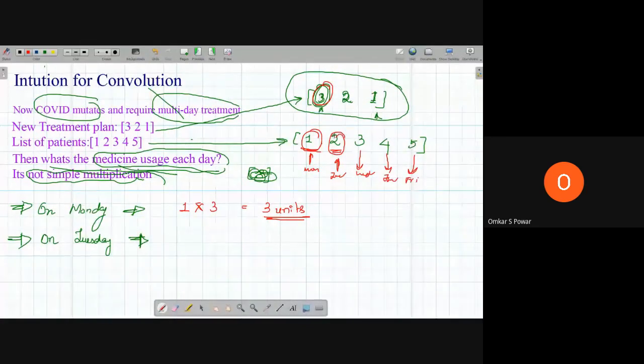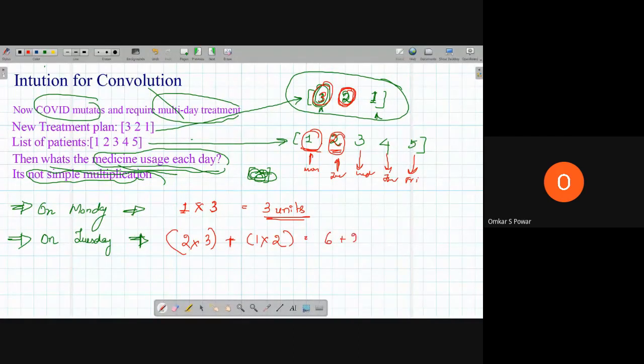On Tuesday, 2 patients come. What do they have to take? 3 units of medicine each. But wait a minute. The one patient who took 3 units on Monday has to come the next day and take these 2 units of medicine. So it will be 2 into 3, 6, plus 2. It is 8 units. Okay.